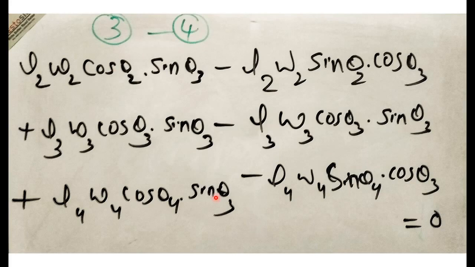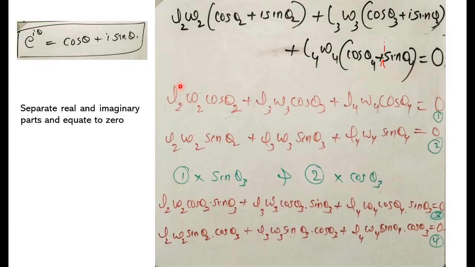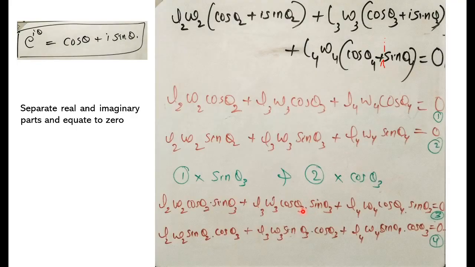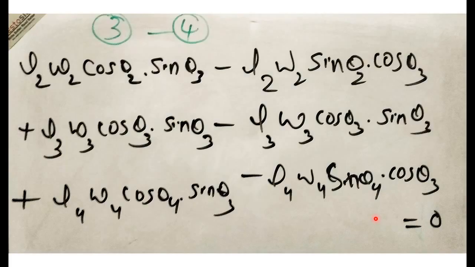So I wrote all these steps. L2 omega 2 cos theta 2 into sin theta 3, that is the term from 3 minus the term from 4, L2 omega 2 sin theta 2 into cos theta 3. Then these two terms, plus and minus. Then finally these two terms, plus and minus.